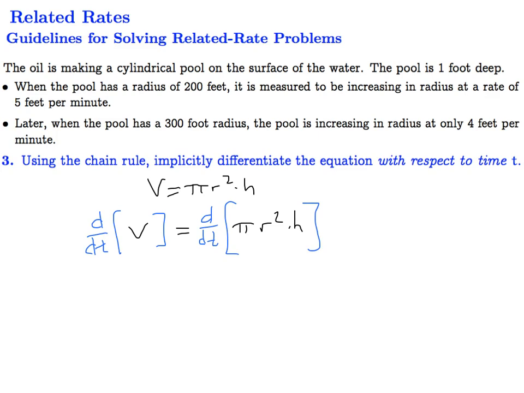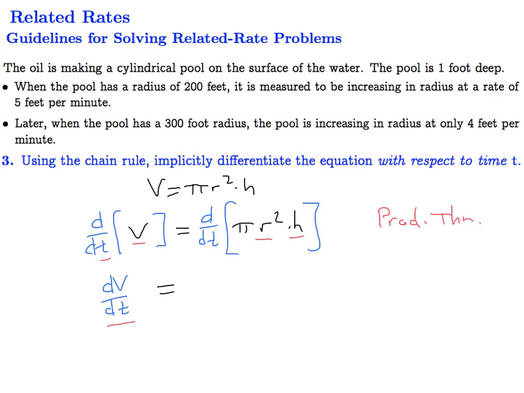Okay, so when we take the derivatives, the left-hand side isn't going to be too exciting. It'll just be dV/dt, just like if it was y in there. The variables here, they don't match, so we just end up with our derivative. The right-hand side is a bit more interesting here because we really have two functions, so we need to use the product rule to take the derivative.